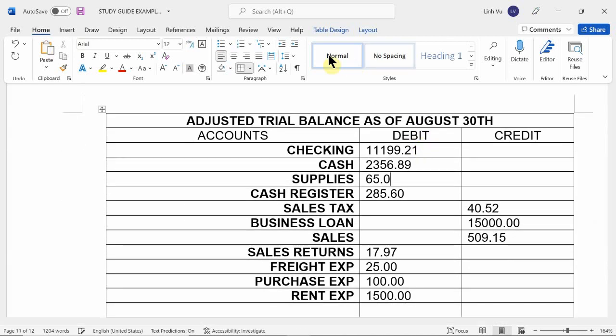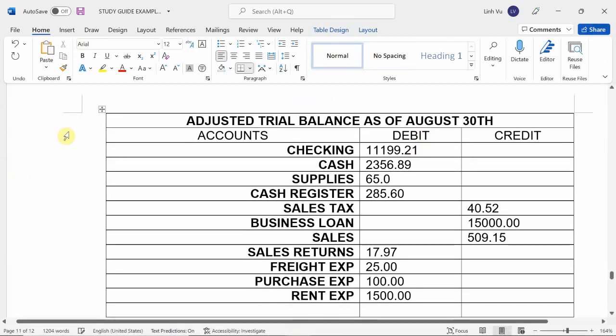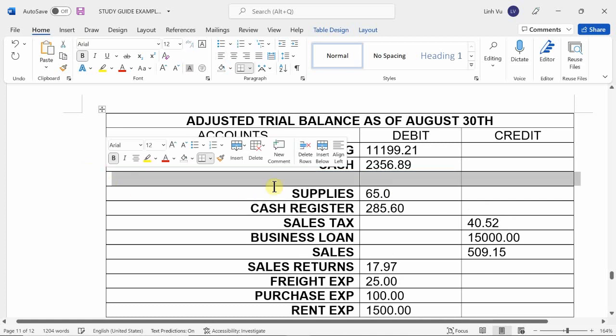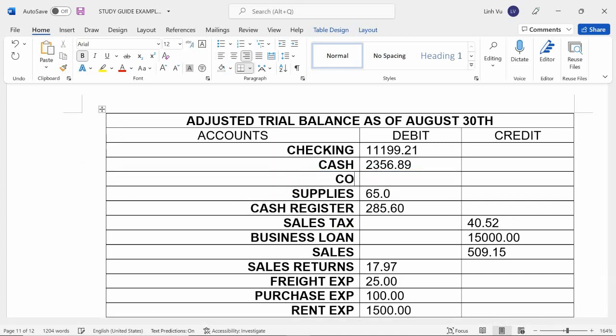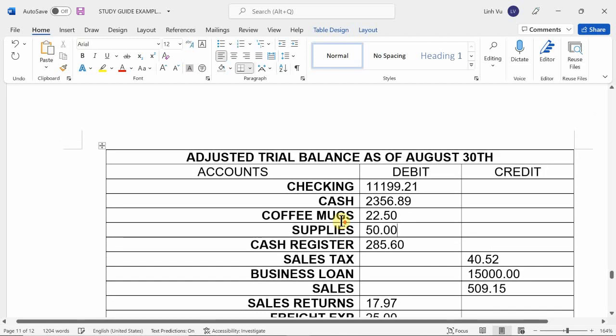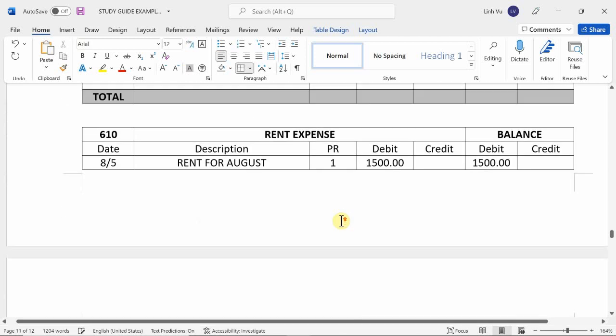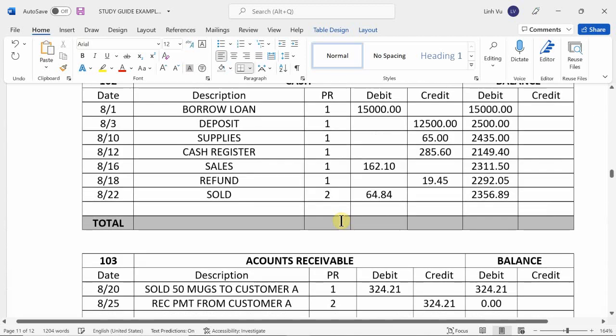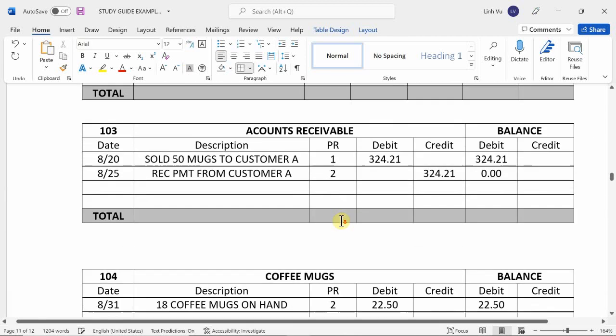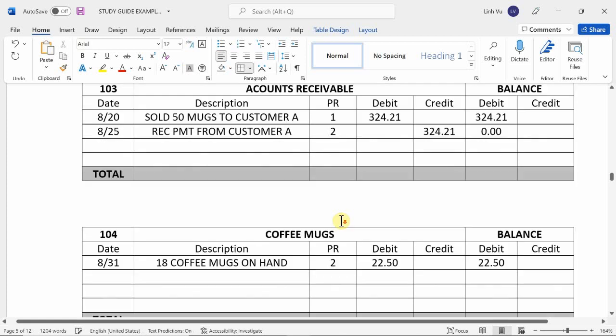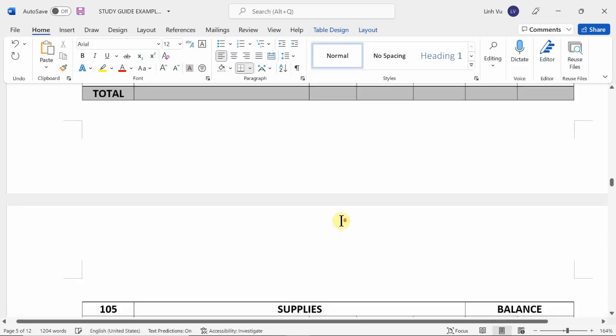So in this case, right under cash, I'm going to add in an account for the coffee mugs for $22.50. And again, we just said that the supplies are now $50. So accounts receivable, coffee mugs, $22.50.